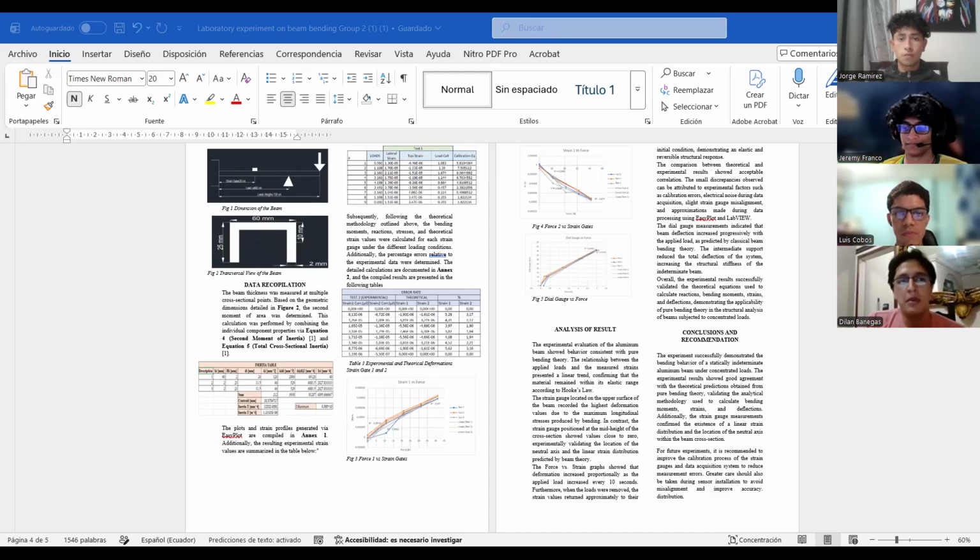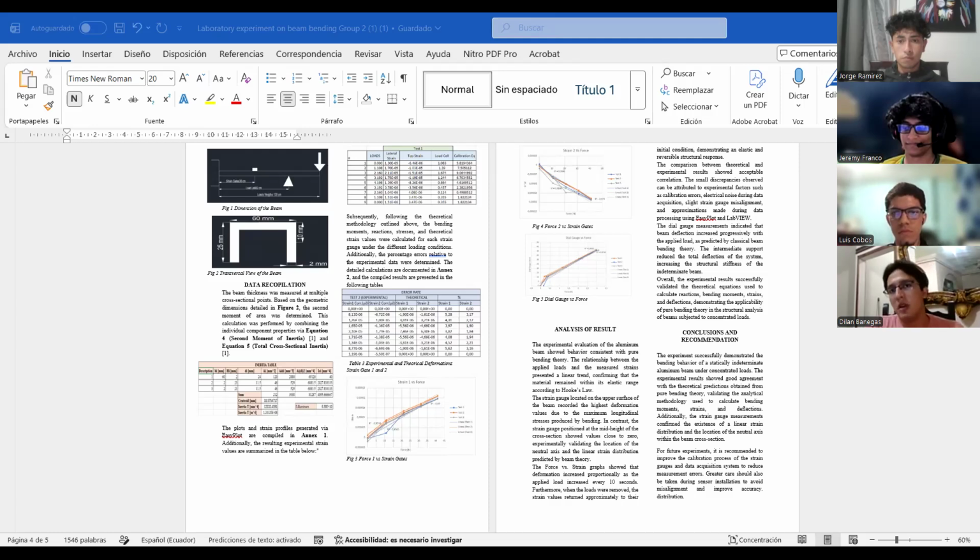The small discrepancies observed can be attributed to experimental factors such as calibration errors, electrical noise during data acquisition, strain gauge misalignment, and approximations made during data processing using EasyPlot and LabVIEW.